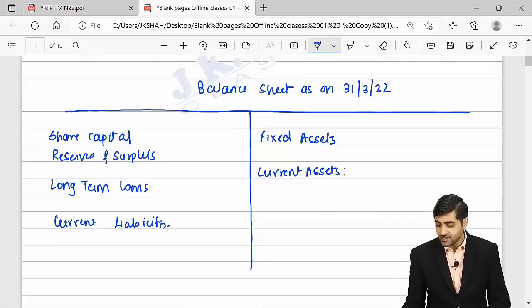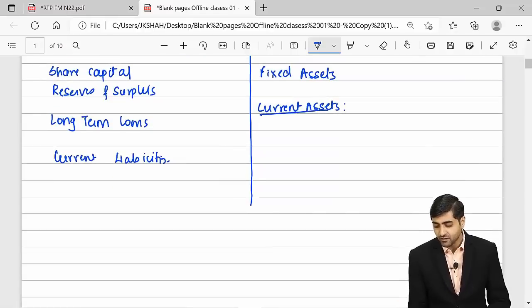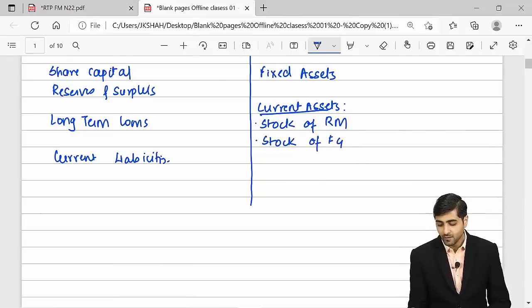So what are there in your current assets? We have stock of raw material, then we have stock of finished goods, then we have debtors, and eventually cash.